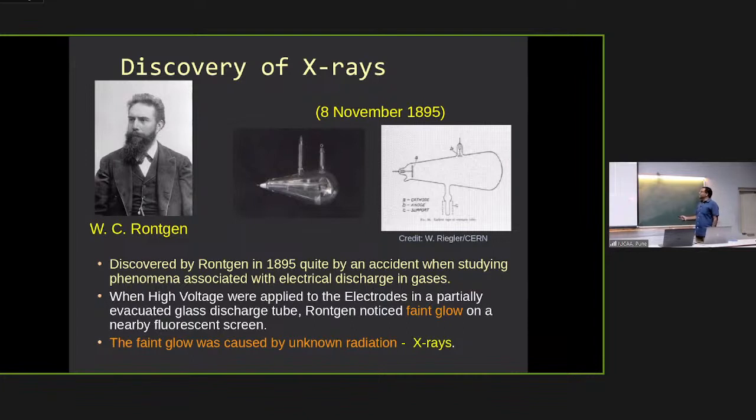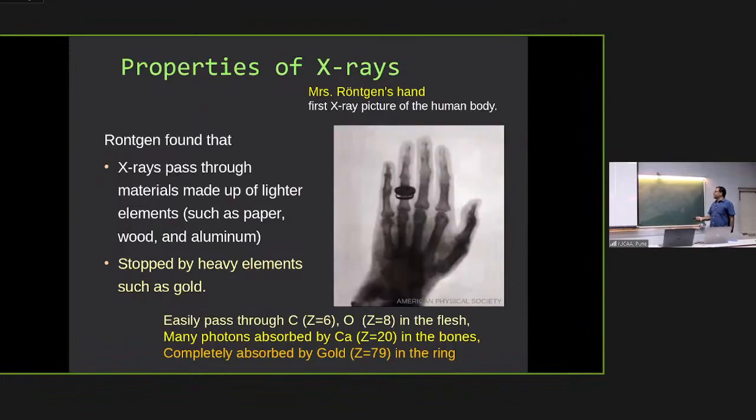What happens then is that the cathode emits electrons, and the electrons interact with whatever gas is there, and that interaction produces X-rays, which was observed by Roentgen. These radiations were not known at that point of time, so he named these rays X-rays, and that is how he discovered X-rays.